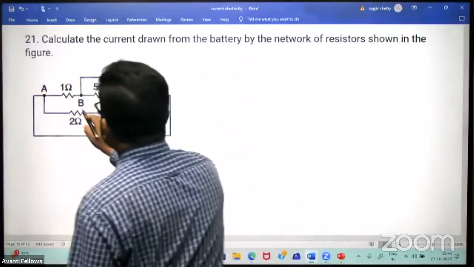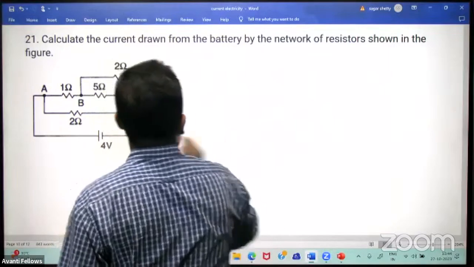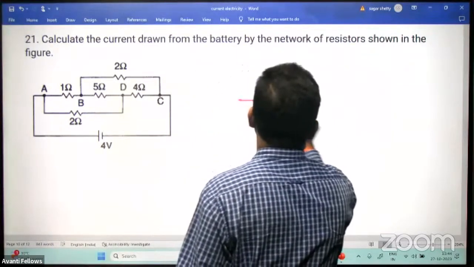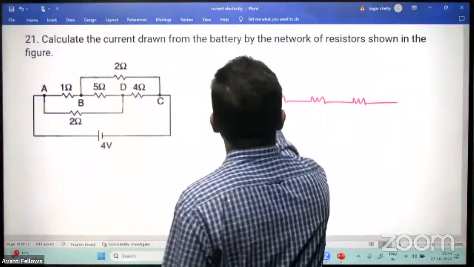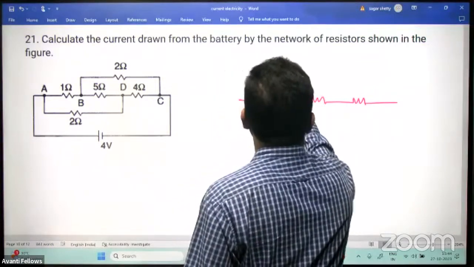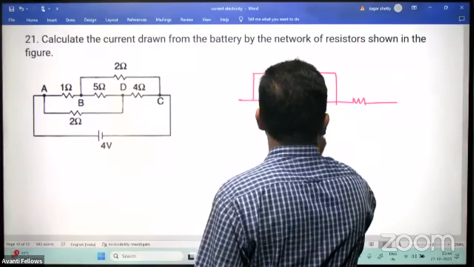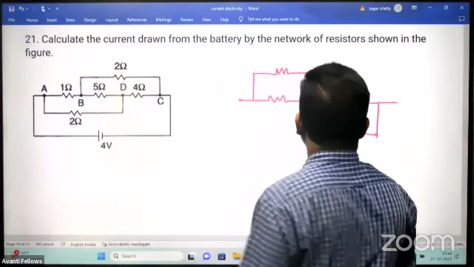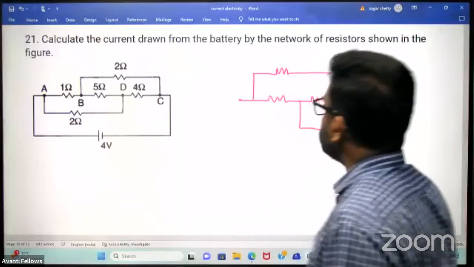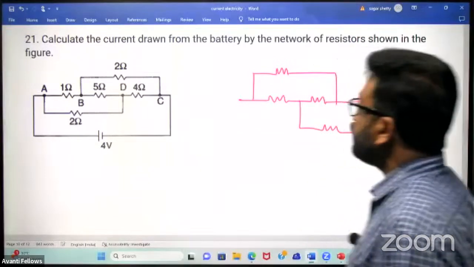There will be 5 resistors, 1, 2, 3, 4, 5 resistors will be there like this. 3 resistors in a row, and in between the 2 resistors, so this is the pattern.